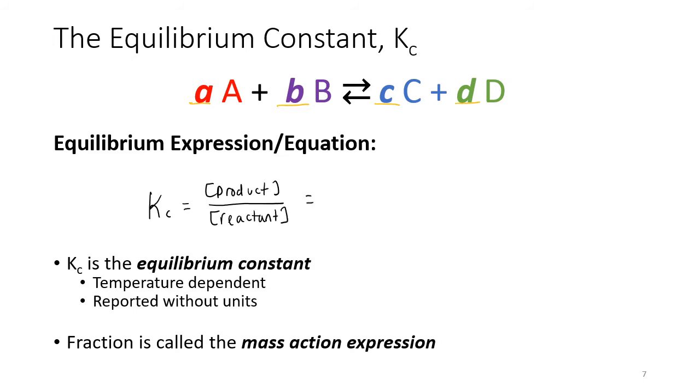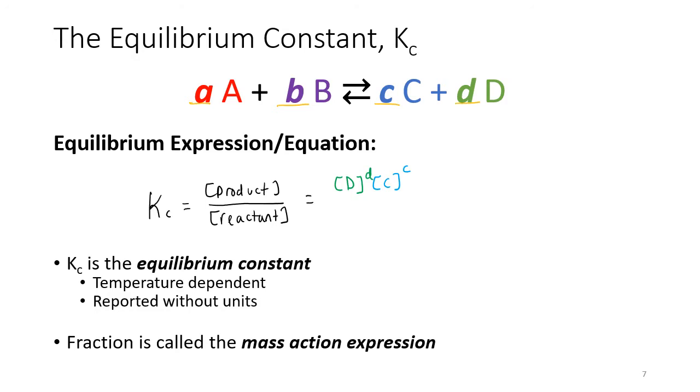When we actually plug in our products and our reactants into our expression for K sub C, we have to raise them to the coefficients from the balanced equation as exponents. So in our numerator, we're going to have the concentration of product D, and that will be raised to lowercase d, which is the coefficient for that, times the concentration for product C, and that'll be raised to the exponent of the coefficient lowercase c.